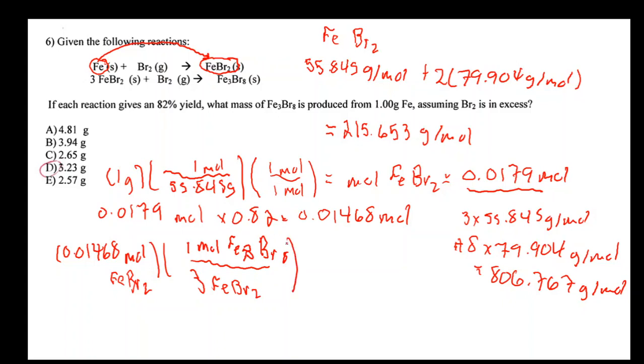That will convert us to moles of Fe3Br8, and then multiply that by our grams, so that would be 806.767 grams per 1 mole.